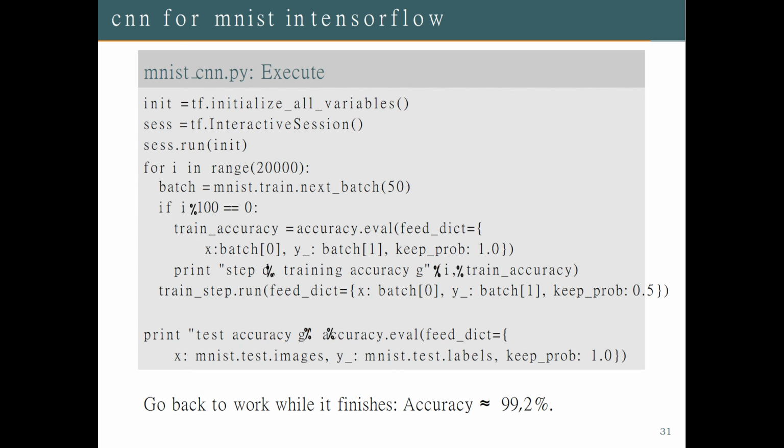We are taking batches of 50 from the training dataset, and then we find and print the training accuracy and also print the test accuracy. We will get an accuracy of about 99.2% using the convolutional neural network, and this is a great increase from the previous accuracy of 91% from a normal neural network.